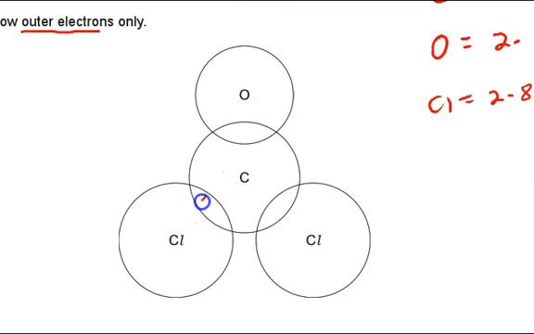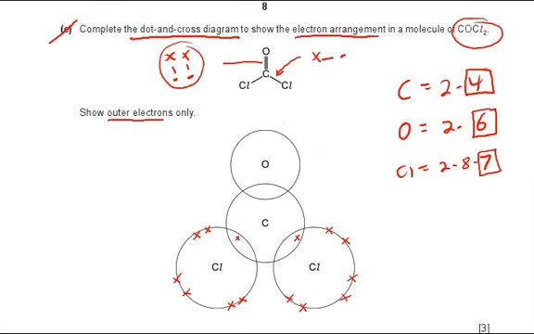So here we have X for chlorine: 1, 2, 3, 4, 5, 6, and 7. This is for chlorine. Same thing, I'm going to do it over here: 1, 2, 3, 4, 5, 6, and 7. Now for carbon we have 4, so we put a dot: 1, 2, 3, and 4.